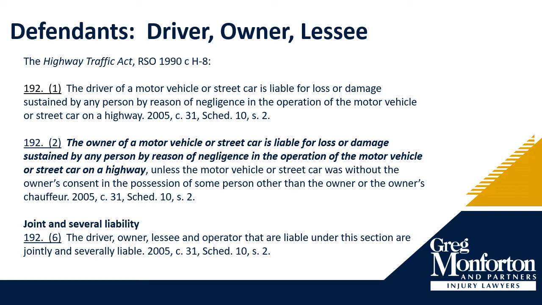So remember, if you lend out your car to your roommate and your roommate causes an accident, you as the owner of that vehicle is just as liable as your roommate is. And subsection 6 indicates that they are liable jointly and severally.